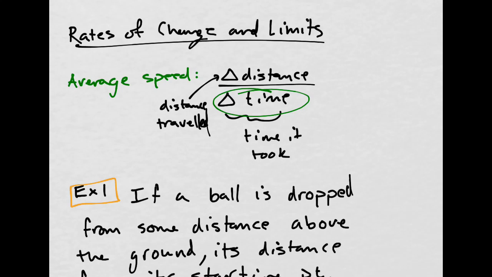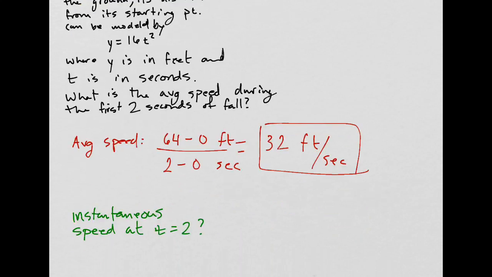It's still an average speed, but the time interval is going to be really small. So we get the average speed from t equals 2 to maybe t equals 2.1. That's still really small, and it's almost close to 2.